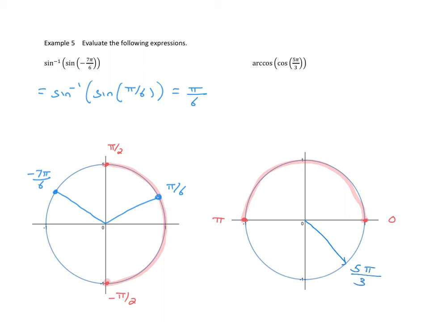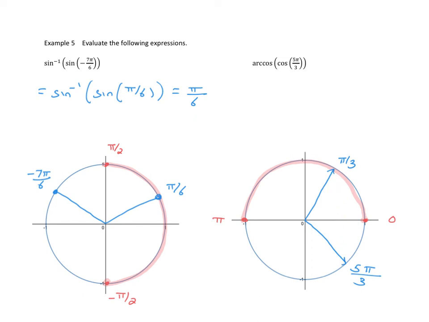Okay, a reference angle to 5 pi over 3 is going to be pi over 3. And the reason is, here you'd go up pi over 3, here you're going backwards pi over 3 to get to this angle. So cosine between these two angles is the x value of those points, and they're equal to each other.